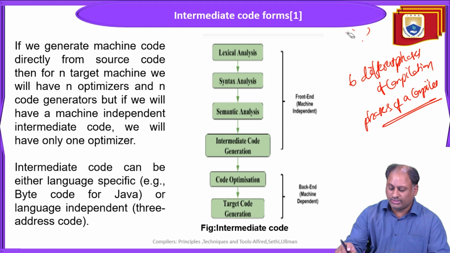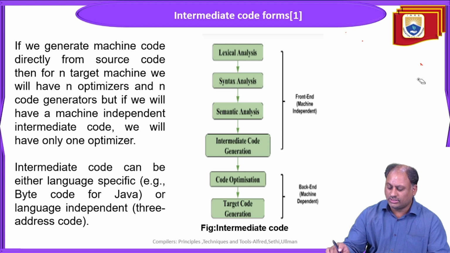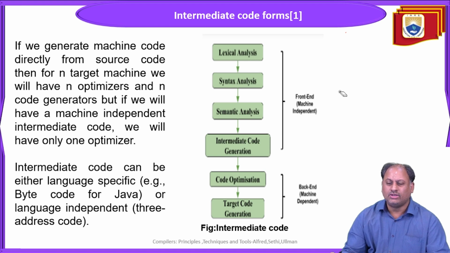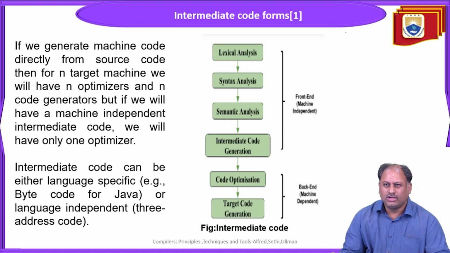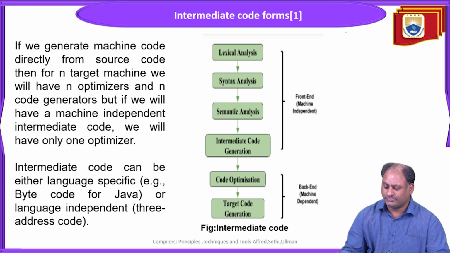Without introducing this intermediate code generation, it is not possible to carry out machine dependent code generation directly. That's why this phase is compulsory in order to achieve machine independent features, portability, and machine code generation. What is this phase?